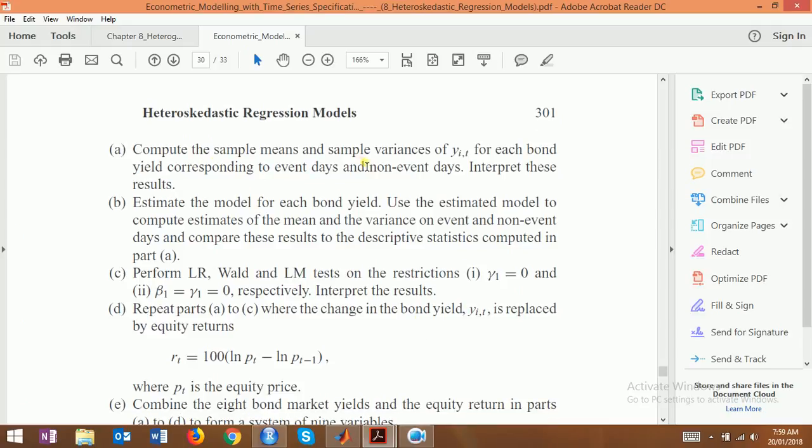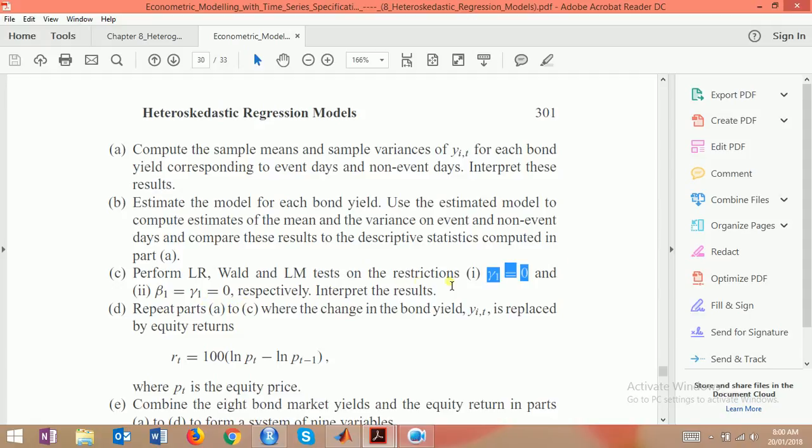Compute the sample mean and variance for each bond corresponding to event and non-event dates. Estimate the model for each bond. Use the estimated model to compute estimates of the mean and the variance on event and non-event days and compare these results. LR, Wald and LM tests: the restrictions are gamma 1 is 0 and beta 1 is equal to gamma 1 equal to 0 respectively.